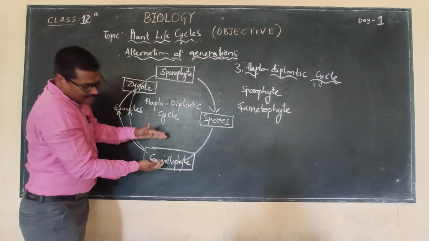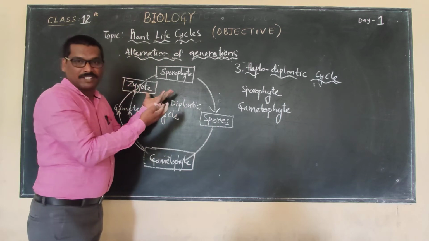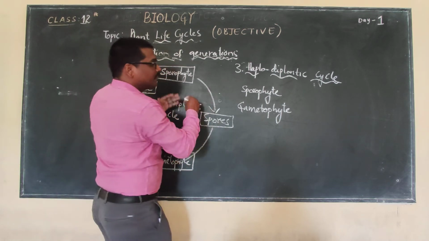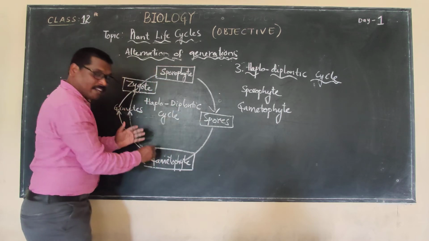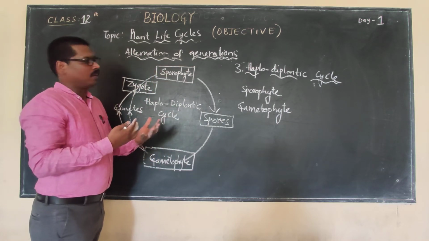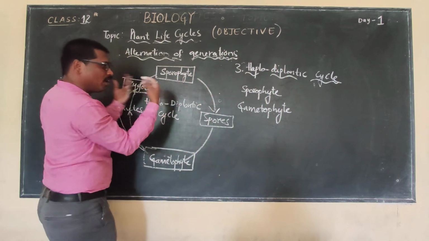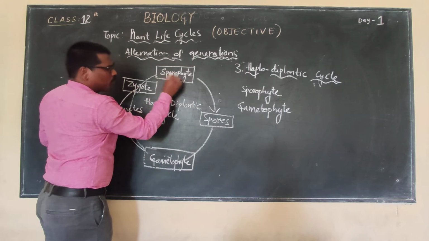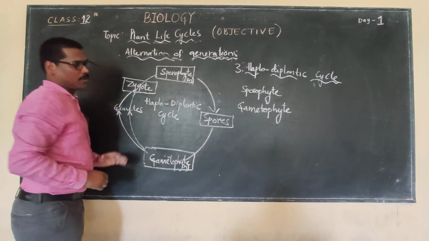Or otherwise, if it is gametophyte 60%, the sporophyte may be 40%. So in this way, we say that the duration taken by the sporophyte and the gametophyte is almost equal. So that's why we call it the haplodiplontic cycle, where we already know that the sporophyte is the diploid, whereas the gametophyte is the haploid.